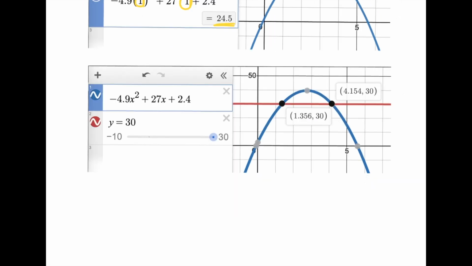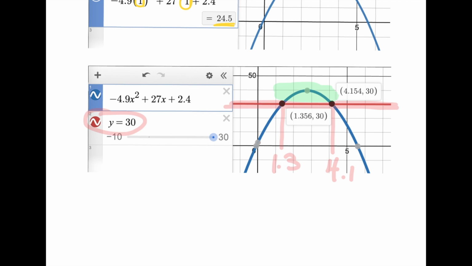So if I type in y equals 30, it will graph a horizontal line for me that goes from the x value 1.3 to the x value 4.1. And all the time in between, that's all the time that the balloon is above 30 meters.